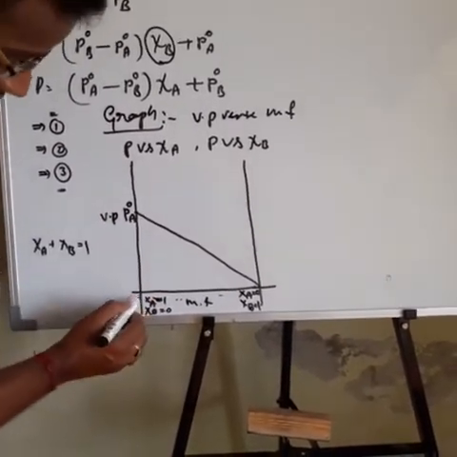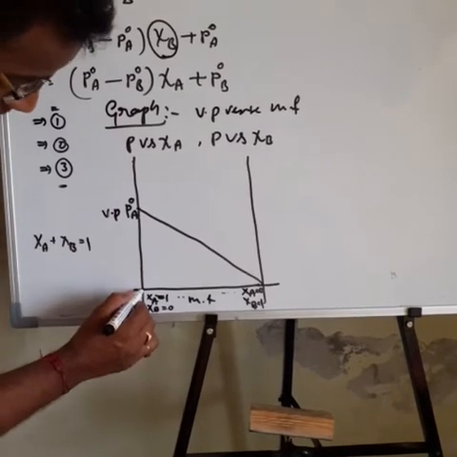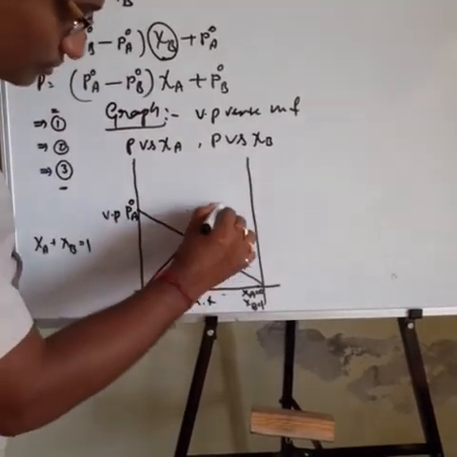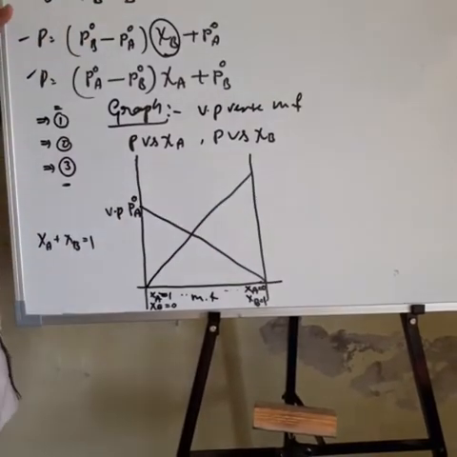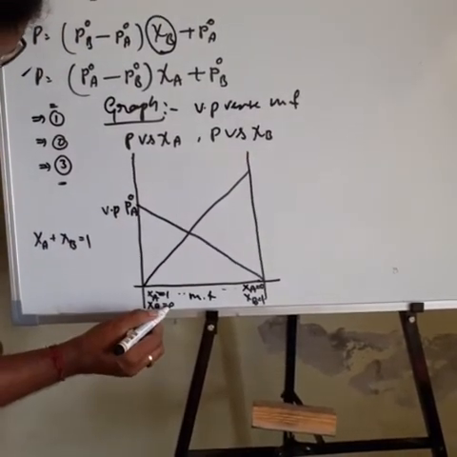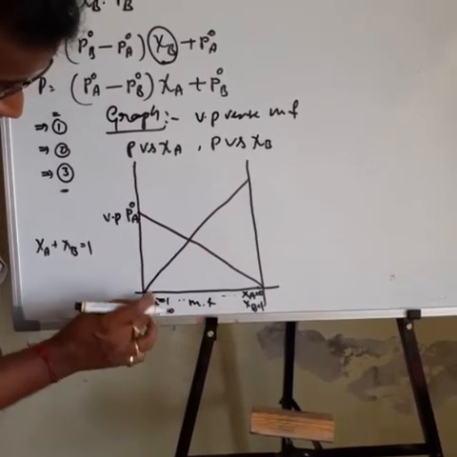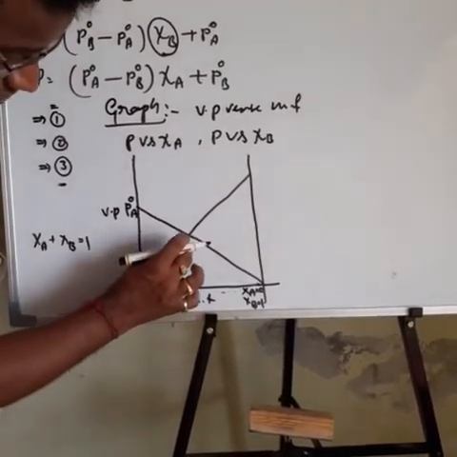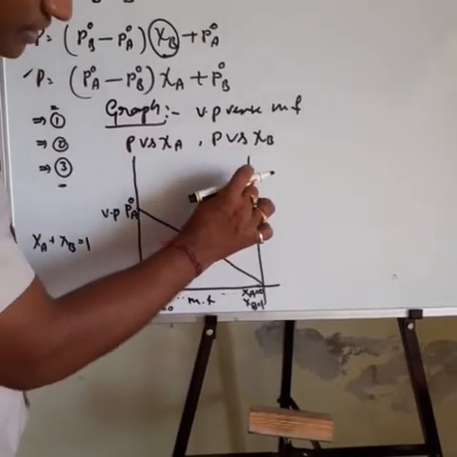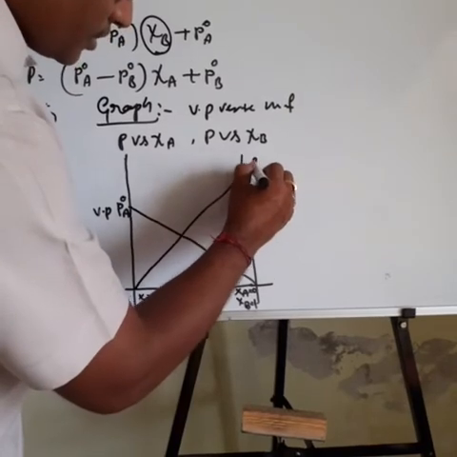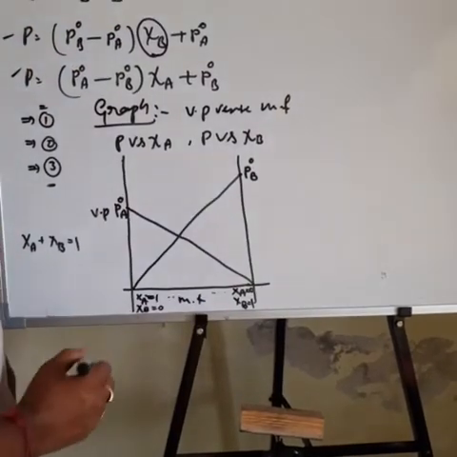Like that, another line is obtained from this point. From this one point, here the mole fraction of the solvent is equal to 0. From this direction the solvent reaches 1. It means as the solvent mole fraction increases, the vapor pressure of the solvent increases, up to the pure solvent. That means this point indicates P0 B. Okay.